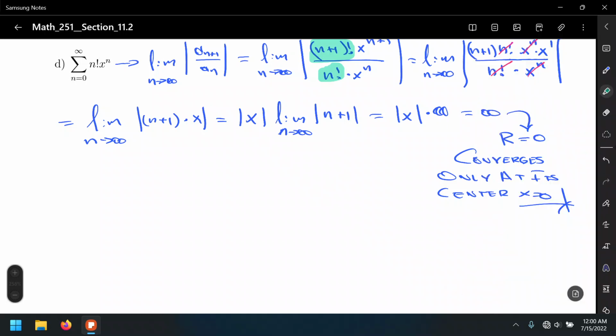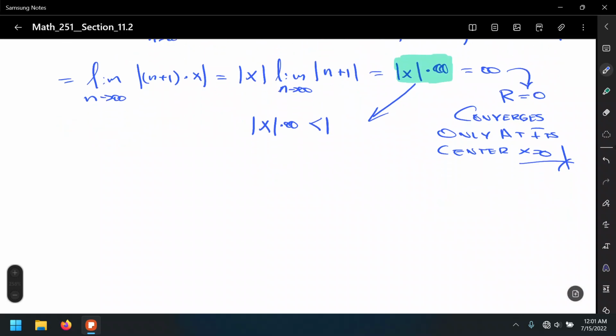Okay, another way to explain this, and guys, let me warn you about this. What I'm about to do here is forbidden. Why? Well, you'll see why it is forbidden. So when I do absolute value of x times infinity, I'm still going to set this as an inequality and set it less than 1. And then I'm going to solve the inequality for absolute value of x.